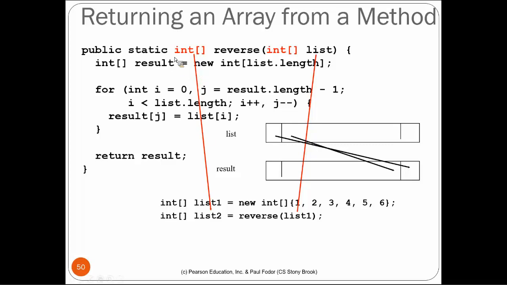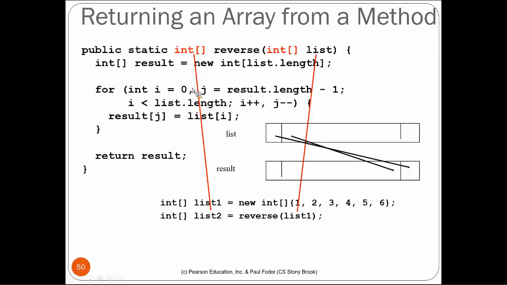We are actually returning a reference to an array that was created on the heap, but the array was created from the method itself. And that reference is an array of new elements that are actually in reverse order of the original elements. And in this case, we are actually using a for loop that iterates with two variables, loop variables.